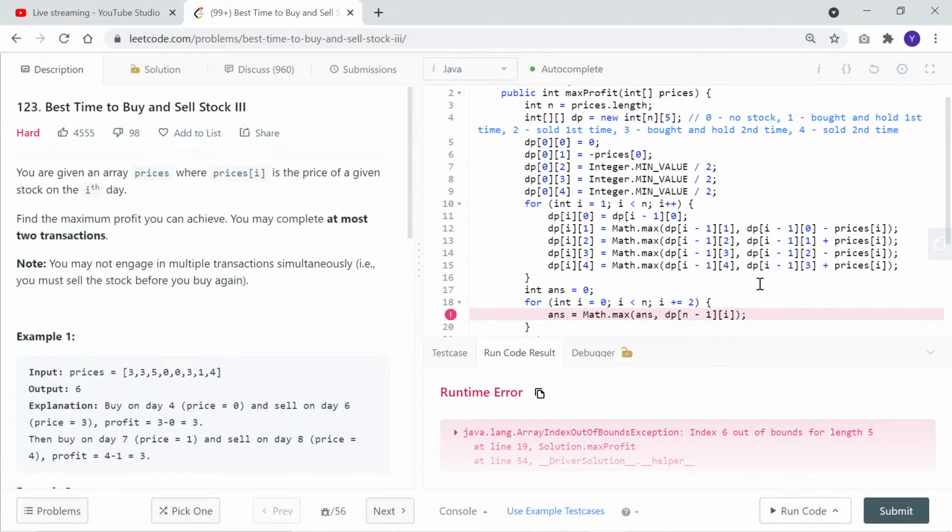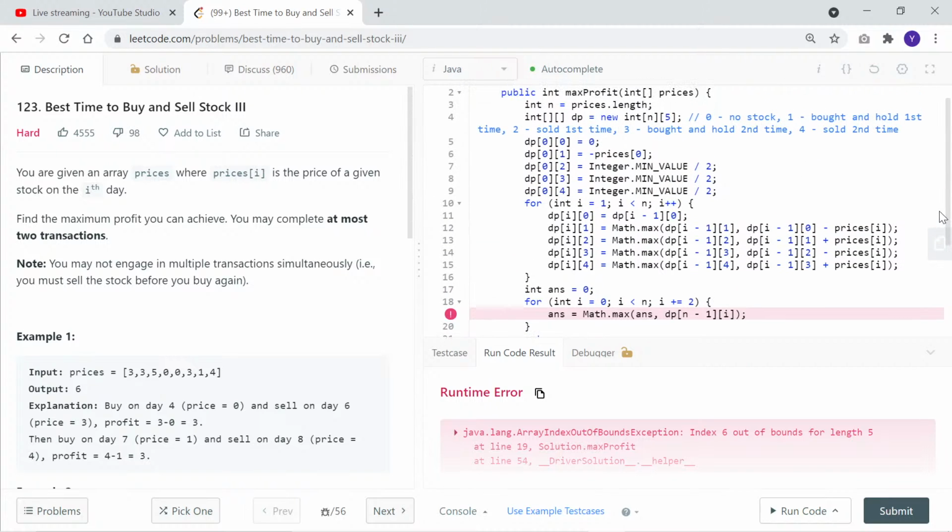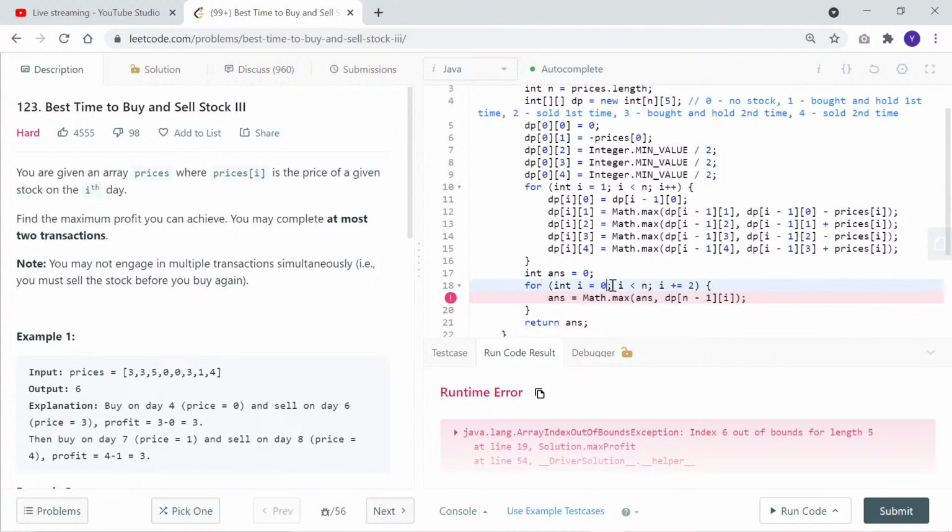Let's check if it works. Oh, okay, there is something wrong, an out of bound error in dp. Oh right, it's not n here, it's 5.